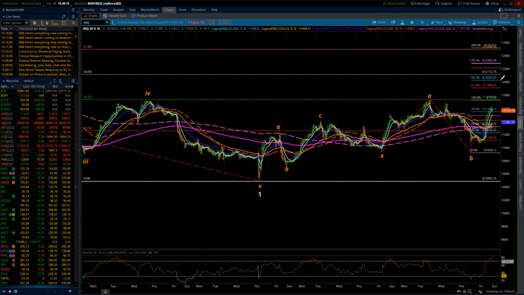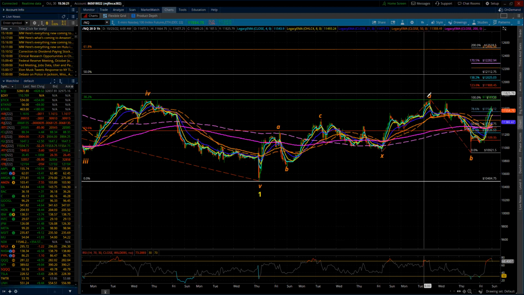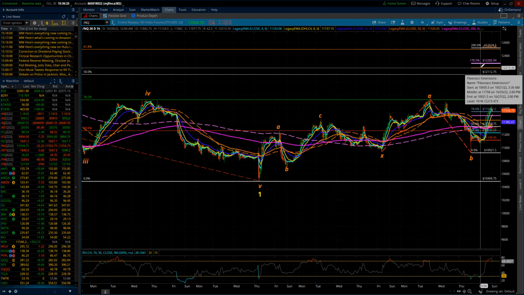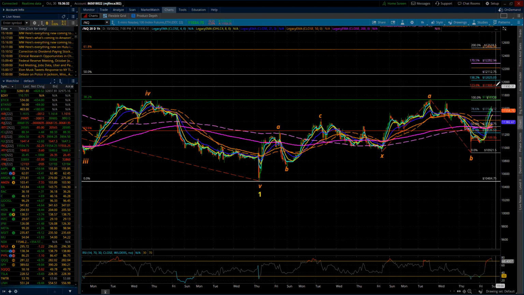But here we go. Up here, we have the 1.618, which is where wave C would be 1.618 of wave A, also common. And that's at 12,213, 214. So we're up there. But that also puts us in the neighborhood, and the zone is pretty thick.